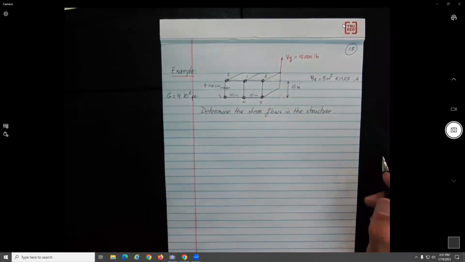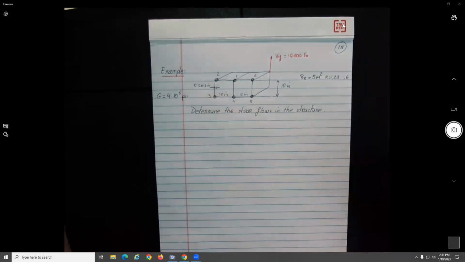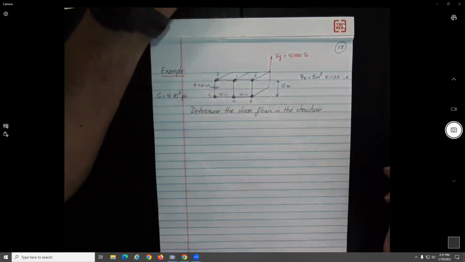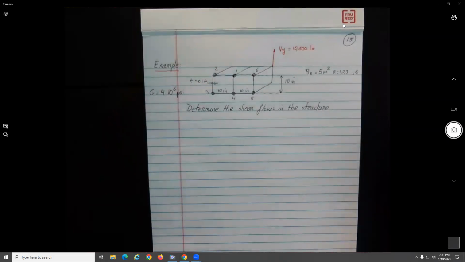What's the thickness number? 0.1 inch. If you need, I can probably zoom a little bit, but then you need to stop me. Hopefully I'm not going to mess anything up. Is that a little bit better? Let me know.